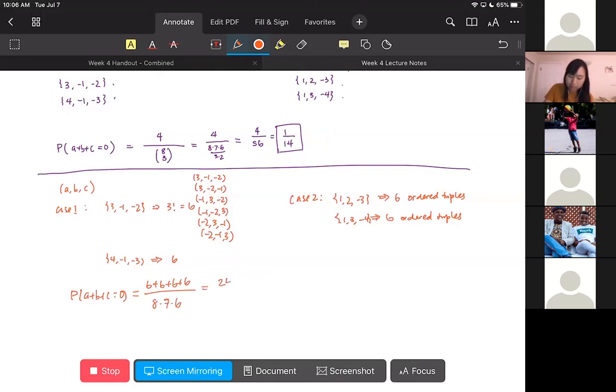So this is 24 over 8 times 7 times 6, which gives us 24 over 56 times 6, which gives us 4 over 56. So you can count the probability in different ways. You could count it where the order matters and you'll get the same answer.